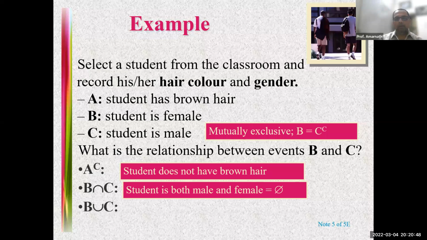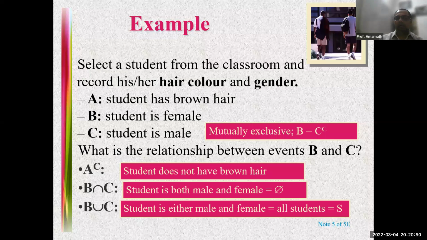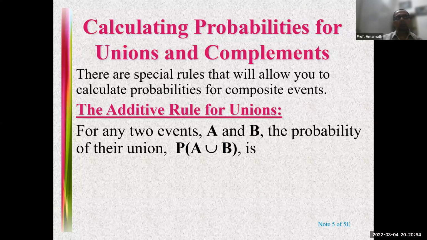So calculating probabilities for union and complement. Special rules will allow that. Kolmogorov was the person who came up with this. Probability has been there from the 17th century itself, but it didn't have formal rules. He put these rules in place.